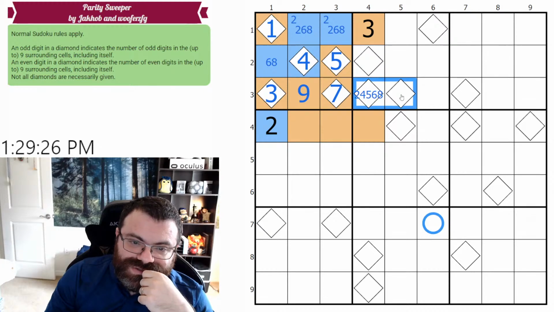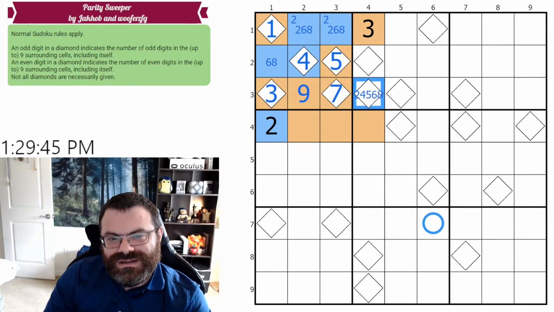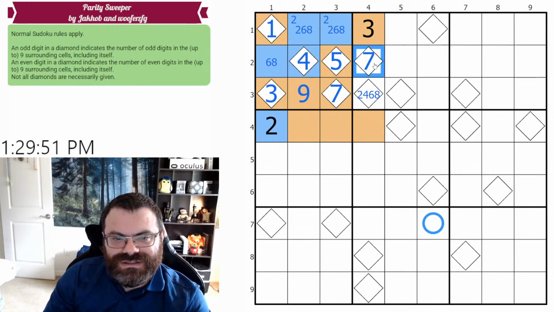Yeah, there's a 5 in one of these two. Either this is a 5, in which case there is a 5 in one of these two, or it's not a 5, in which case this is a 7.